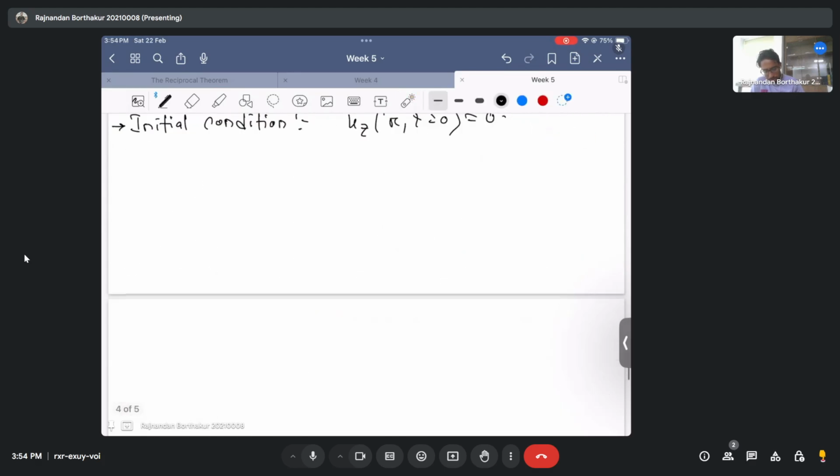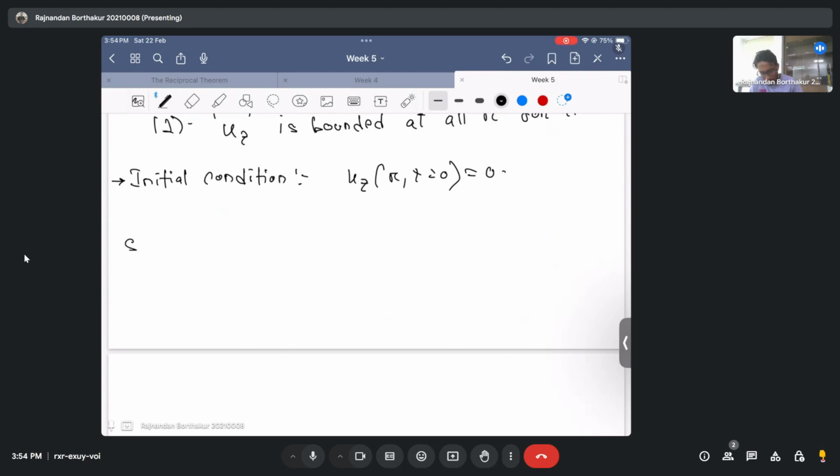So I'll write that step one is choosing the characteristic scales. Okay, so let's do it, guys.